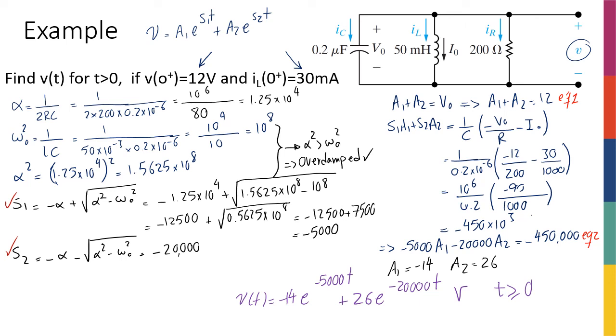Now, if the question is asking you not to find V, if they're asking you, for example, to find the current of the capacitor, again, you don't go and find the current of the capacitor directly.